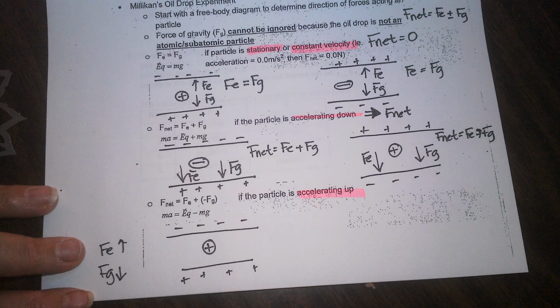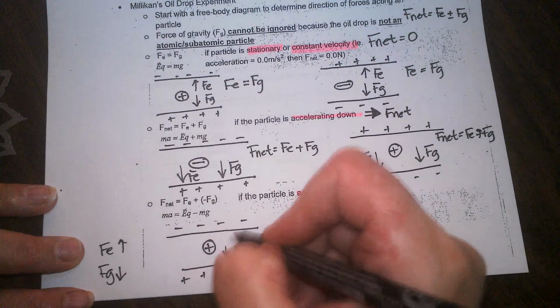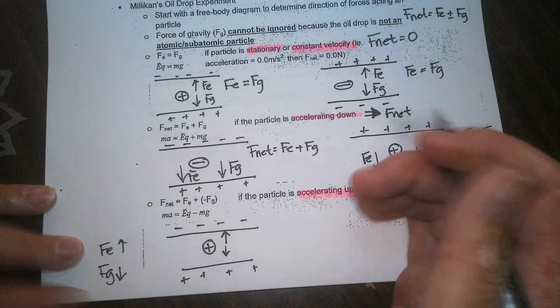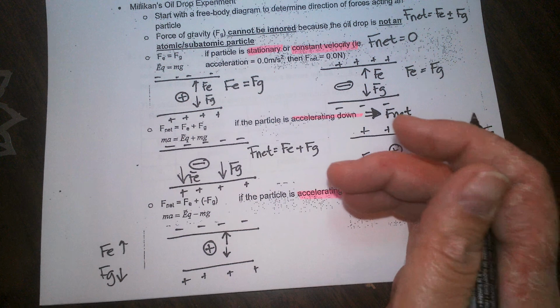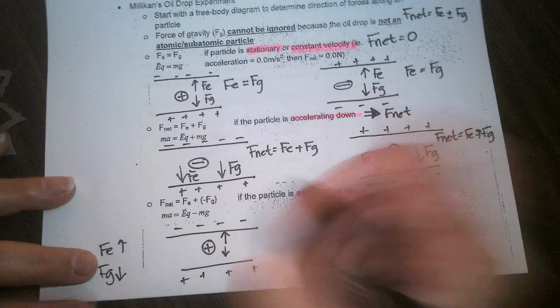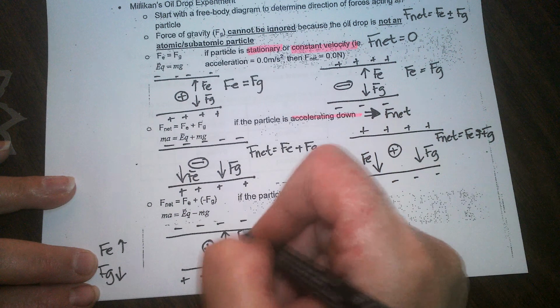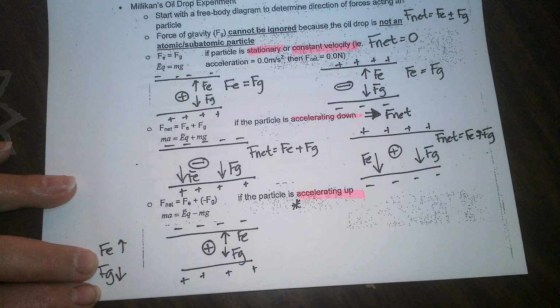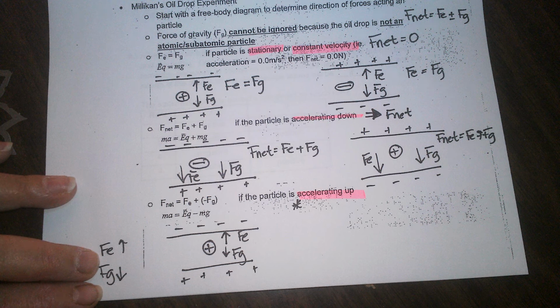But remember, in one class in Physics 20, we talked about arrow length indicating strength of a force. It was like 400 newtons pulling one way and 200 newtons pulling another way, and we had different length arrows. If this is accelerating up, our force electric must then be stronger than our force gravity.